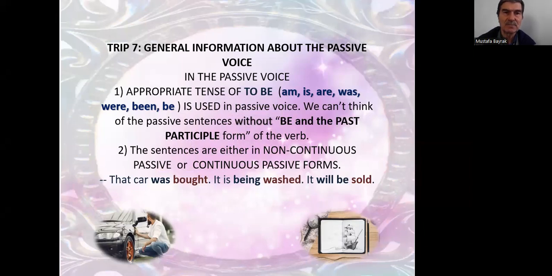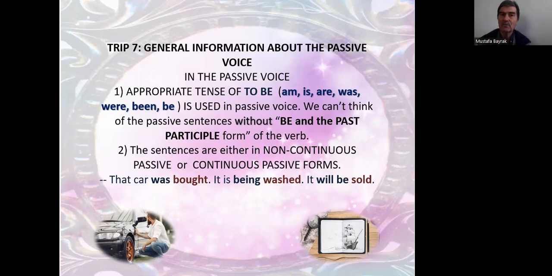So, a general information about the passive voice. In the passive voice, number 1, appropriate tense of to be. Okay, in the passive voice, our verb is to be, as am, is, are, was, were, been or be. So to be is used in passive voice as a verb after the subject.